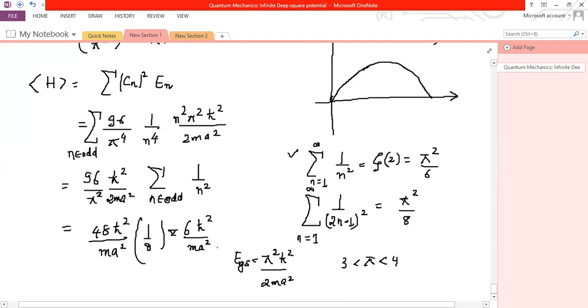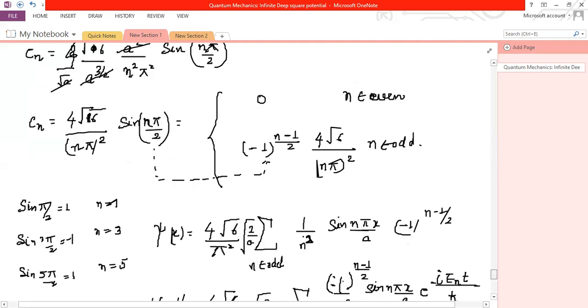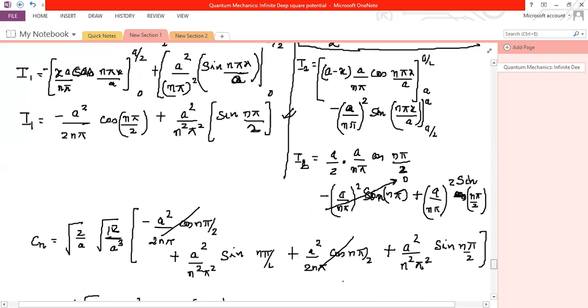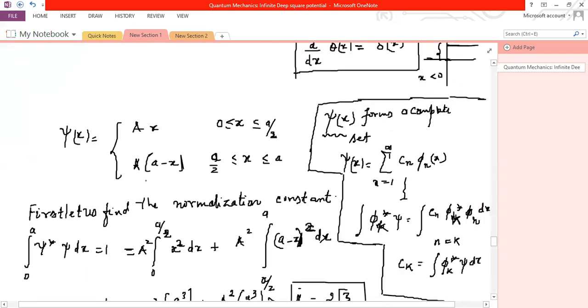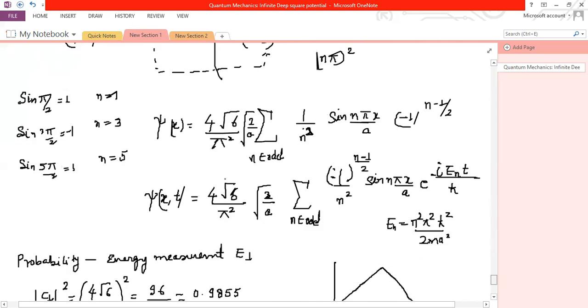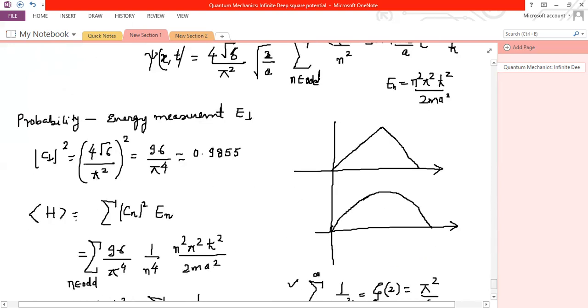Again, you can note it is clearly evident that the ground state energy forms the dominant portion for this particular problem, where the wave function initially supplied to us was psi x equals ax, a minus x. And see, very cleverly what I have done, I have used the formula Cn mod whole square An.